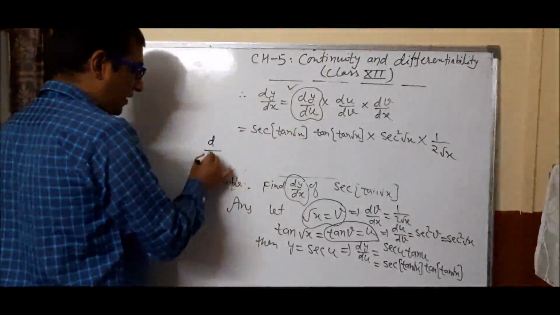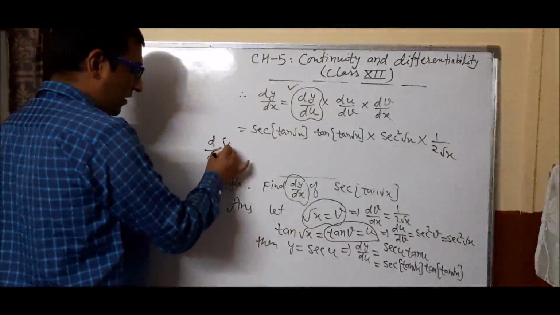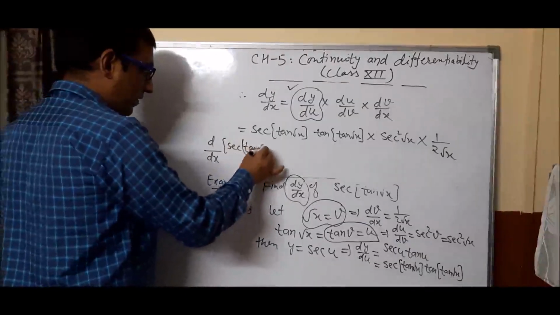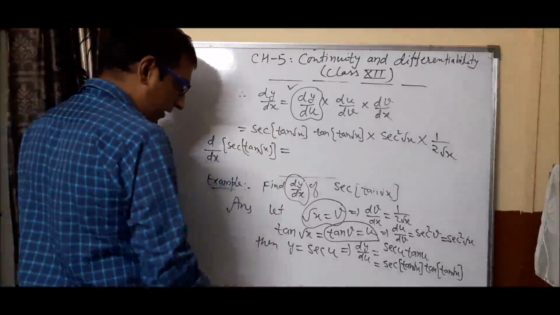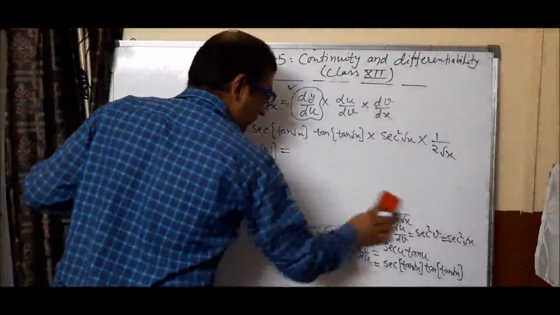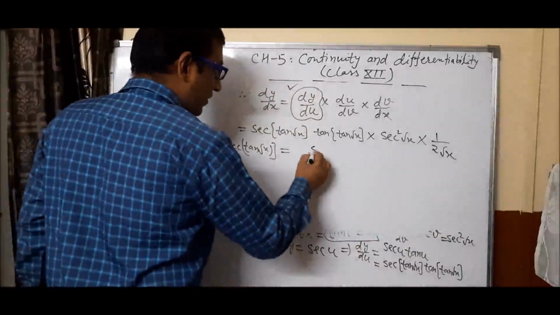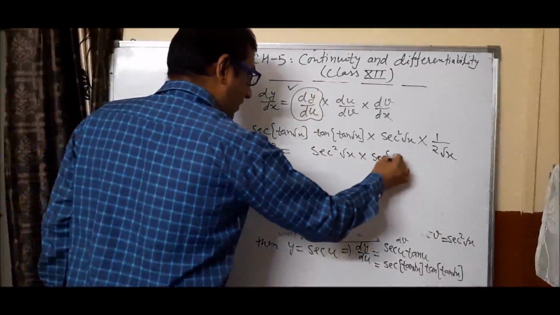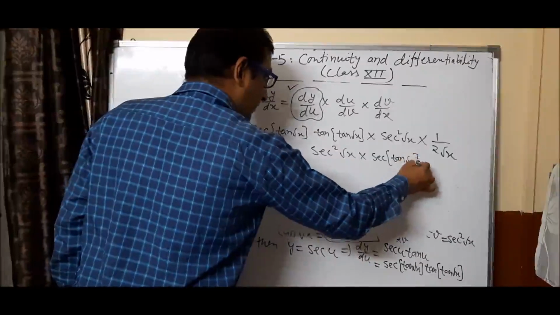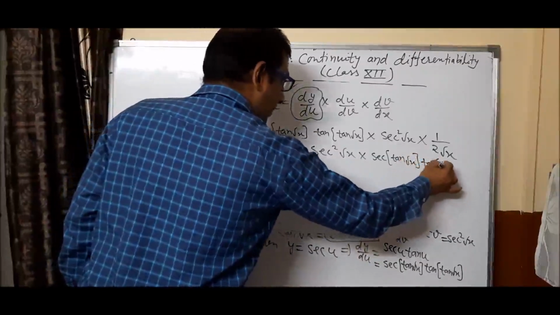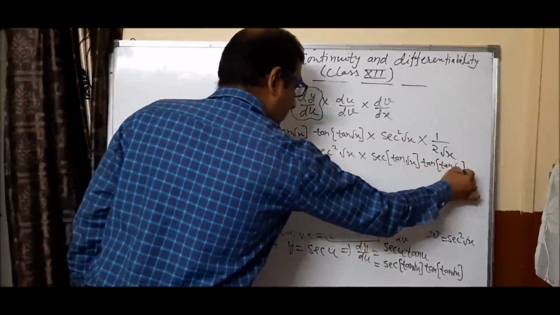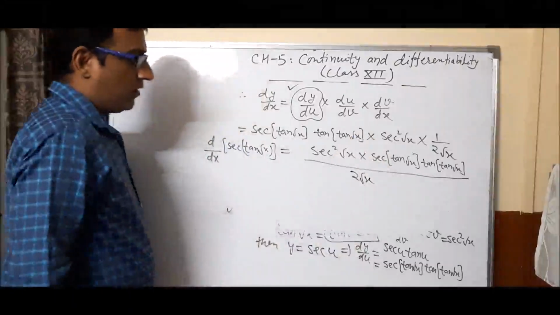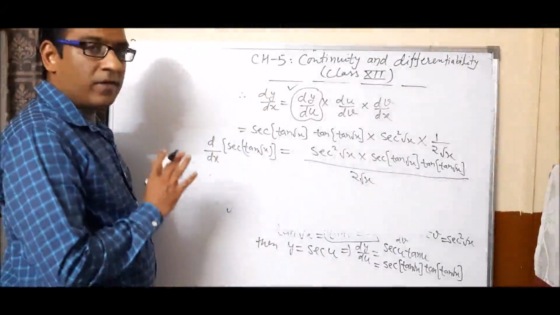So d by dx of the given function will be sec square root x into sec tan root x tan root x upon 2 root x. So this question we solved with the help of chain rule.